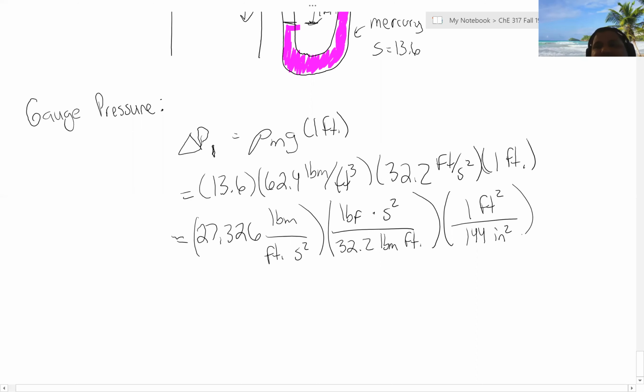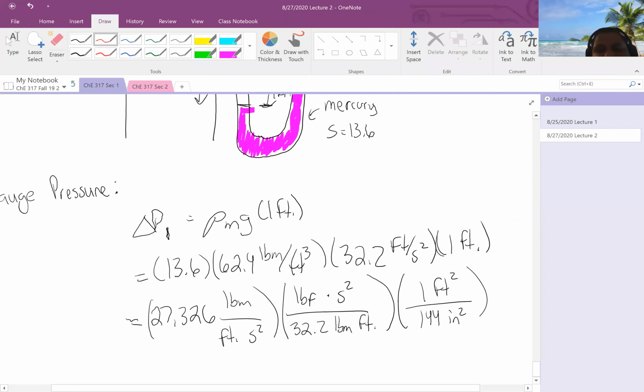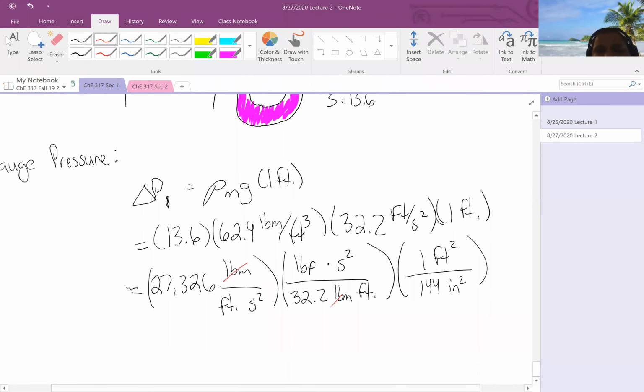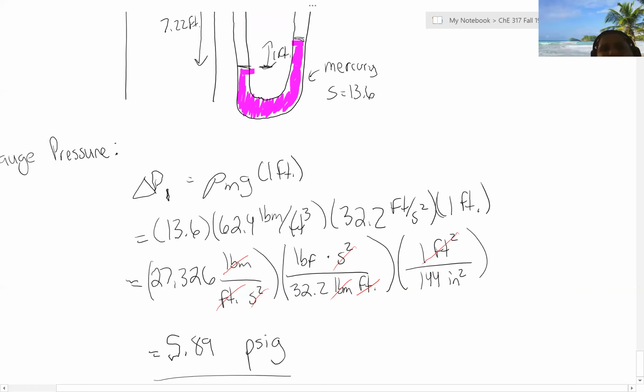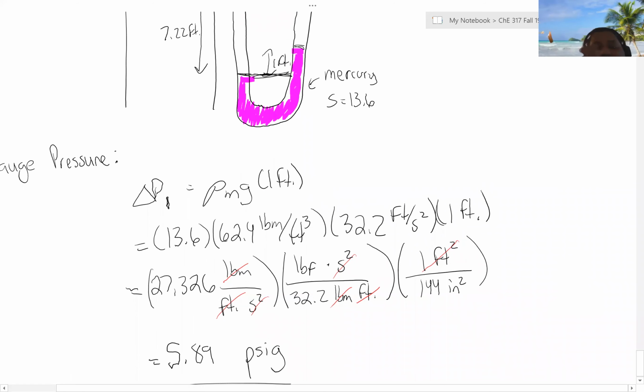What we would be left with, when we take a look here at the canceling of the units, is pound force per inches squared, or simply PSI. And it's PSIG because we're looking at it in terms of gauge pressure. So we end up with 5.89 PSIG. And that's the pressure here in the system.